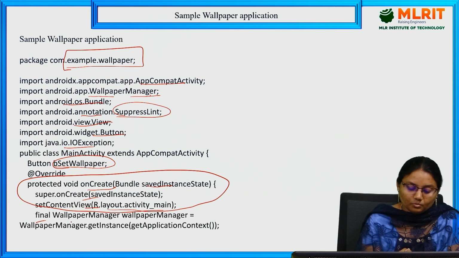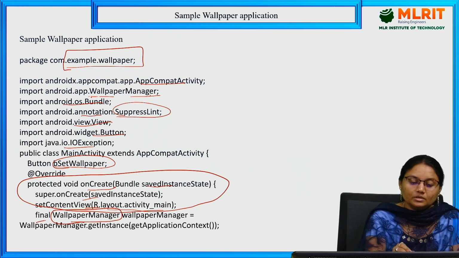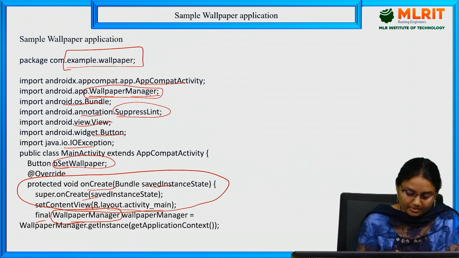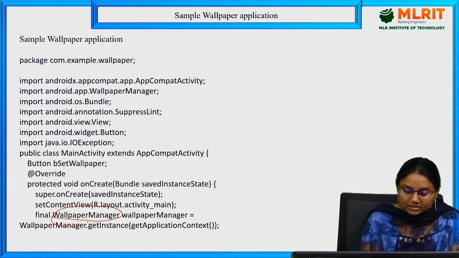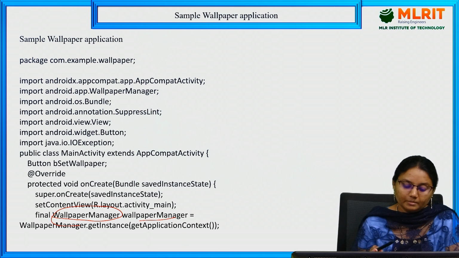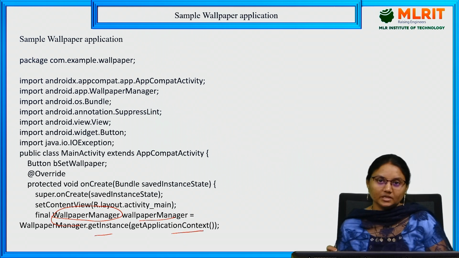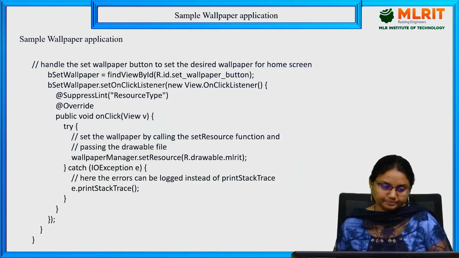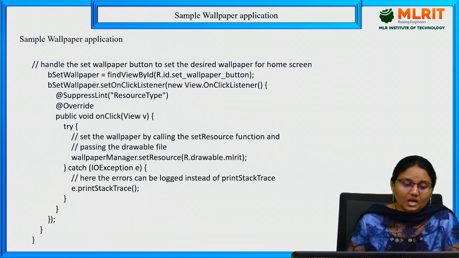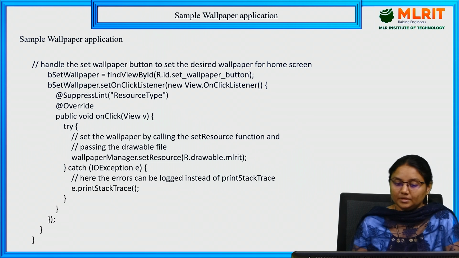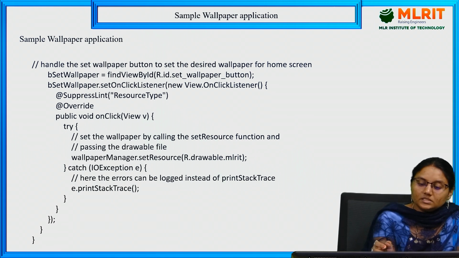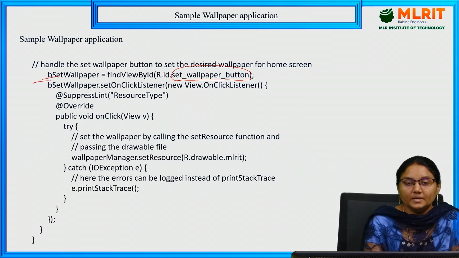And final WallpaperManager is used because you have used the libraries of WallpaperManager. Your WallpaperManager will be calling an object wallpaperManager and getInstance, getApplicationContext to retrieve that particular wallpaper into your application. Now, how to set that wallpaper using the button: whatever wallpaper is being given, you extract it and put it in some object, b_setWallpaper.